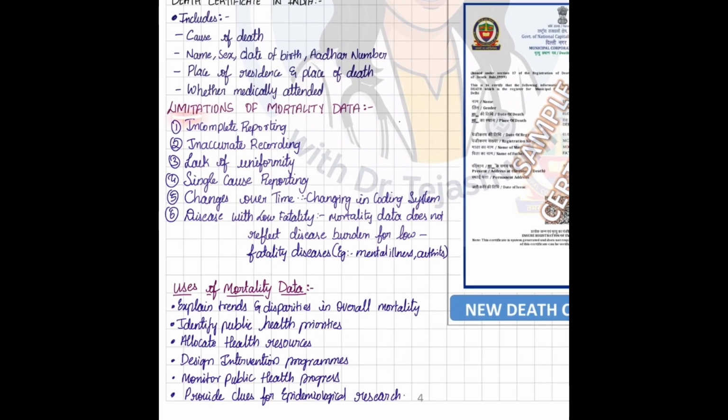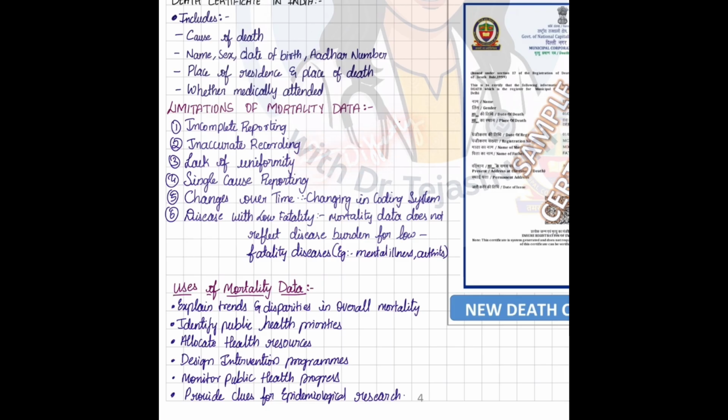Now let's be honest, no data is perfect. Mortality data has its share of limitations. For instance, incomplete reporting, especially in rural or under-resourced settings. Inaccurate recording. Sometimes, death causes are guessed or not properly recorded. Lack of uniformity. Different states or countries may code deaths differently.